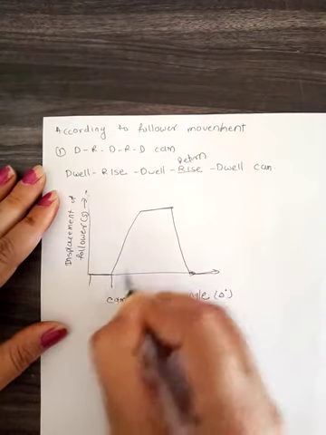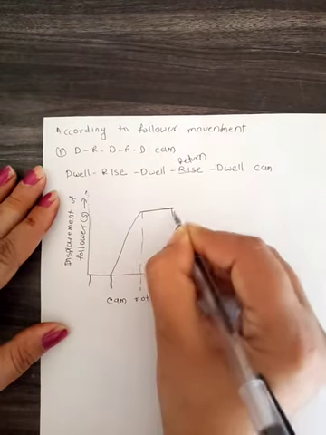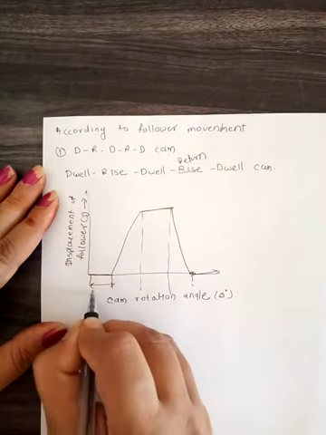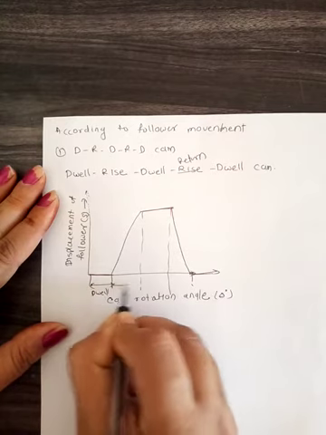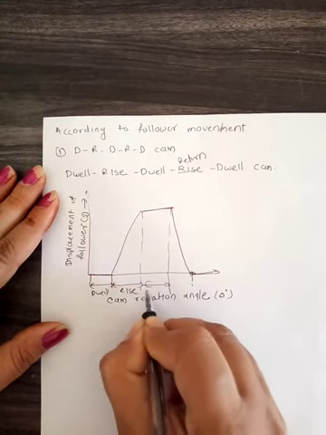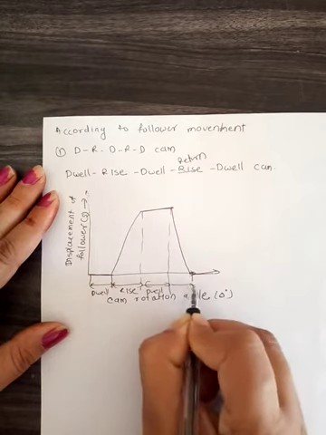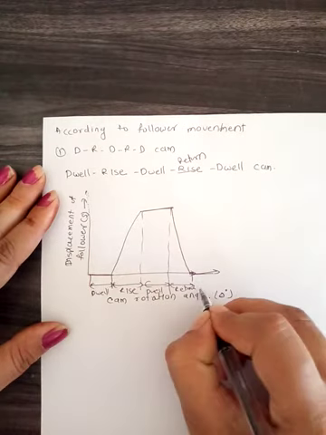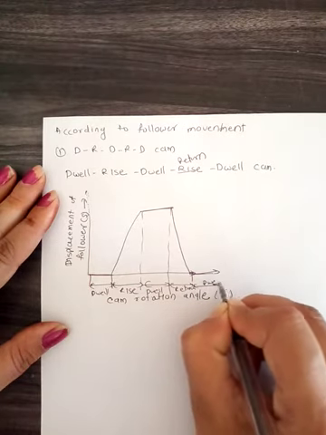One by one we have seen the types: this is called the dwell, this is called the rise, this is called the dwell again, this is called the return, and this is again called the dwell.